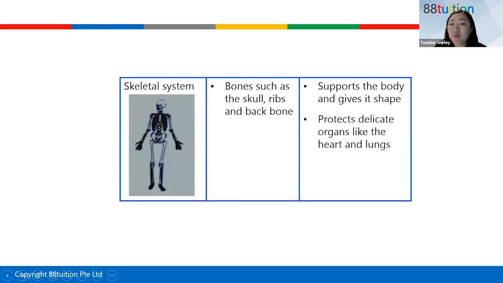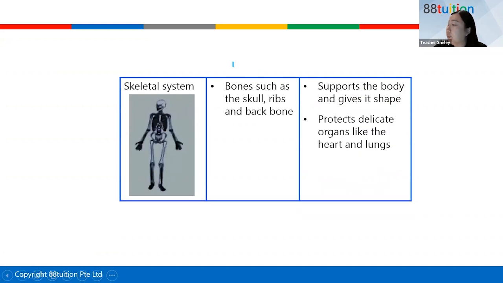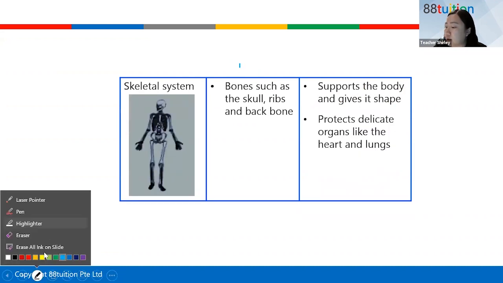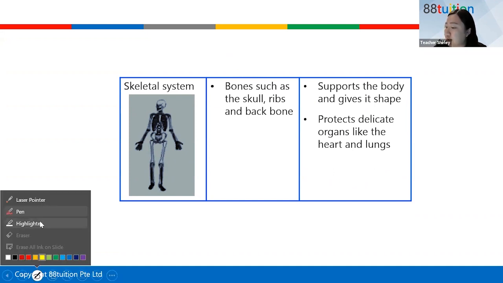And we're going to move on to the fourth one, which you're going to just briefly learn about in primary 4, but you still have to know the function. So the next one would be the skeletal system. Same thing, the organs. What are the organs? Oh, hold on, let me change the color.